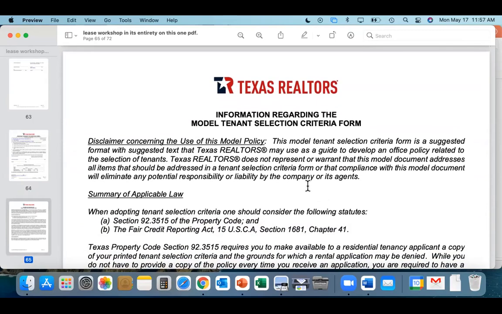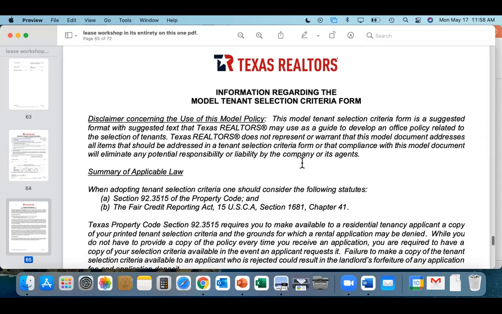Texas Realtors has model information out there that's not necessarily a form or a document, but has information that we can use as realtors to assist us in creating collateral materials for our listings, stuff that we can use in our marketing.